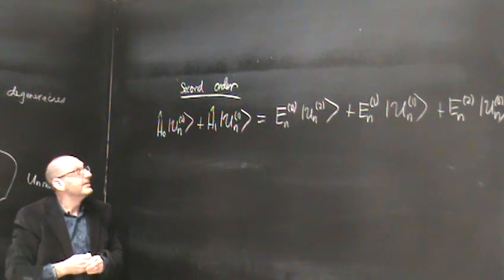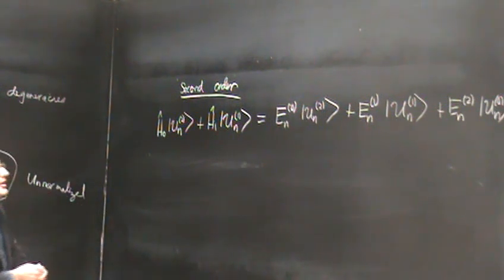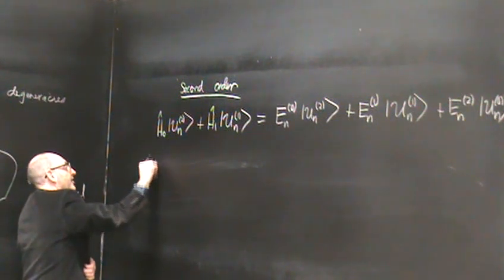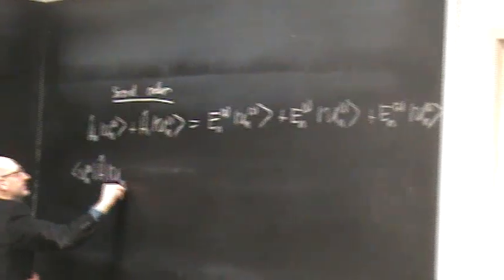Once again, what I will do is take the inner product of this with the zeroth order with the same n. That's how we get these guys.